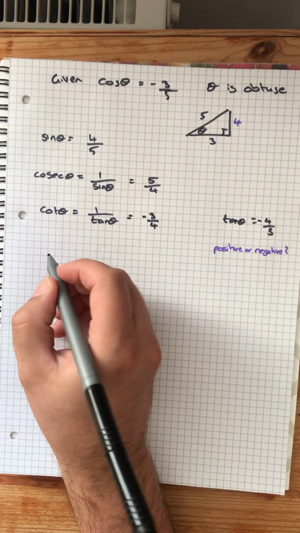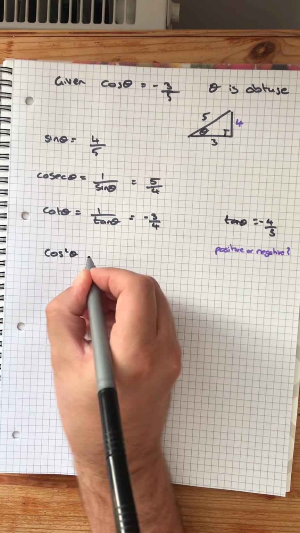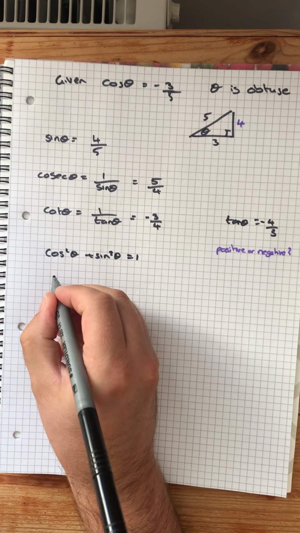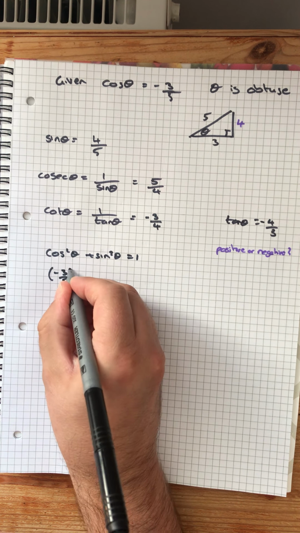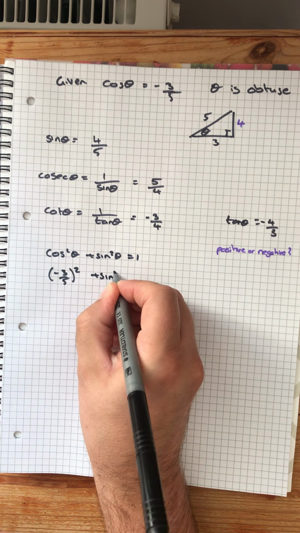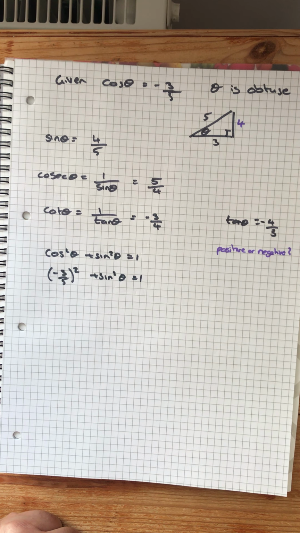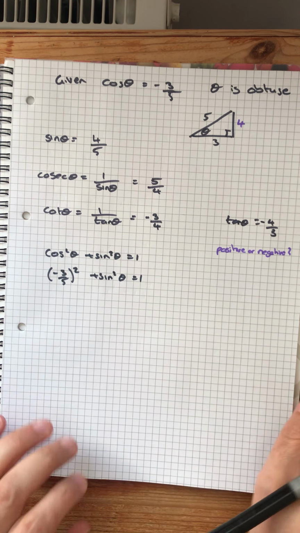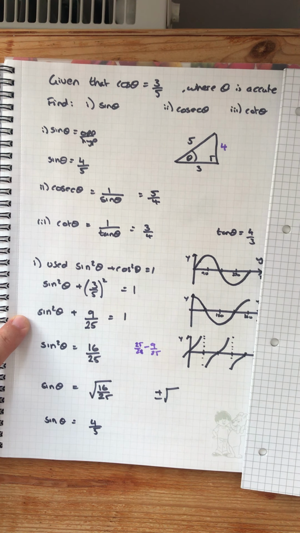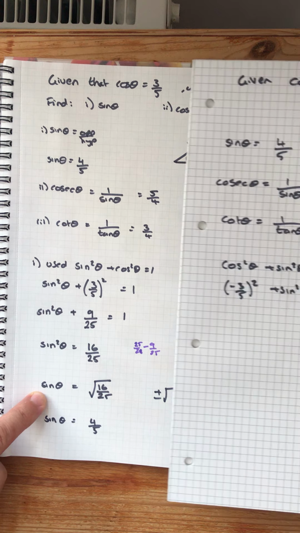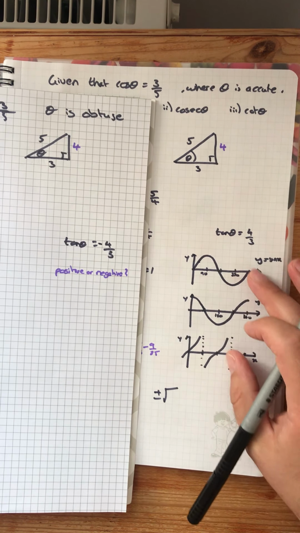Obviously that question, if I'd used the identity cos squared theta plus sine squared theta equals 1, then actually I would have had (-3/5) squared plus sine squared theta equals 1. That would have been my 9/25. So the method would have been the same as we had just now in the end, but when you did the square root, you would have had to have considered the graphs.